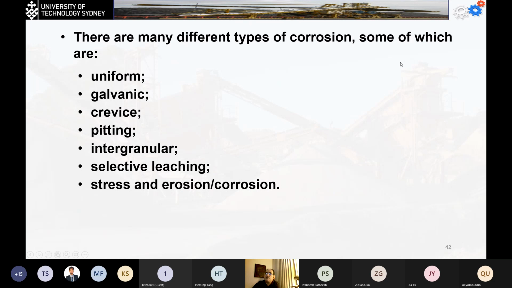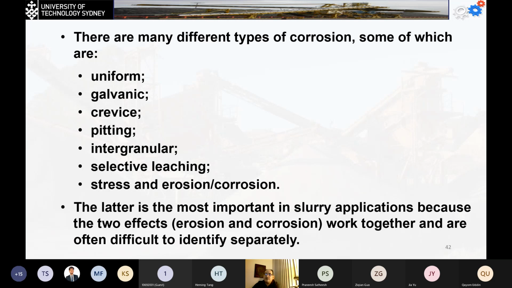There are many different types of corrosion, some of which are going to be uniform, galvanic, crevice, the pitting types, the intergranular, the selective leaching, and we have the stress and the erosion corrosion. The latter one is going to be the most important one in the case of slurry application, because the two effects of the erosion and the corrosion work together, and are often going to be difficult to identify separately.